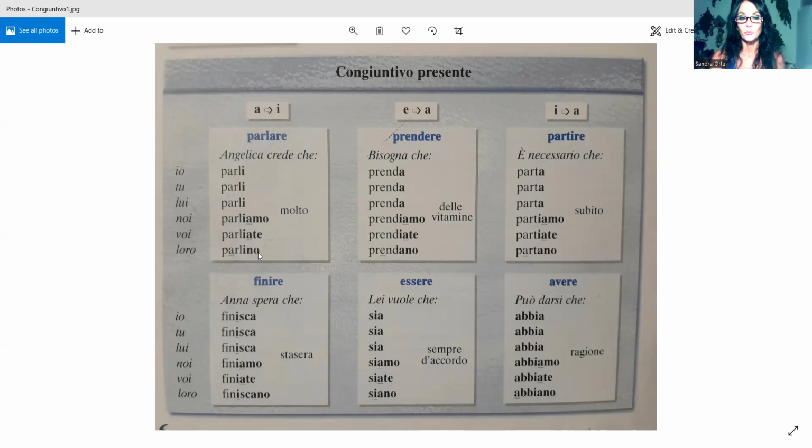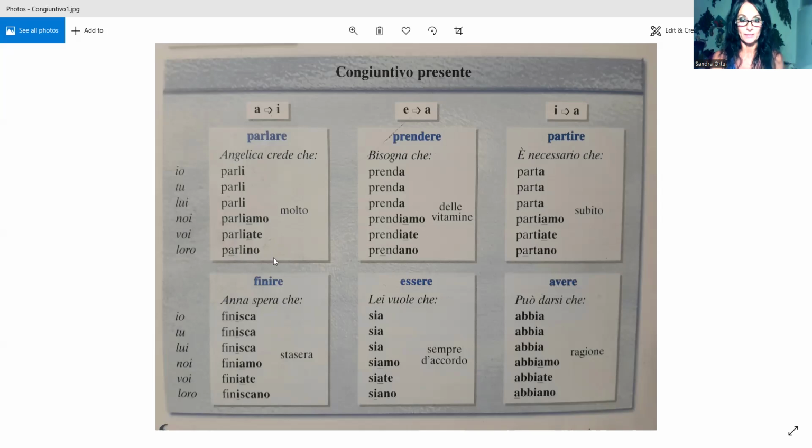And for loro, we have ino, parlino. I'm going to read them all: parli, parli, parli, parliamo, parliate, parlino.